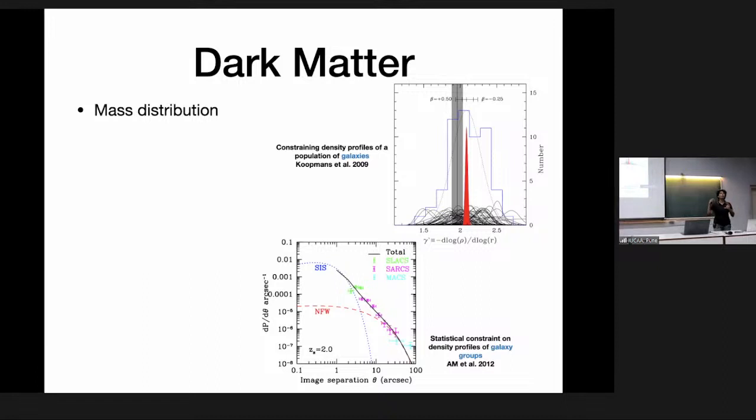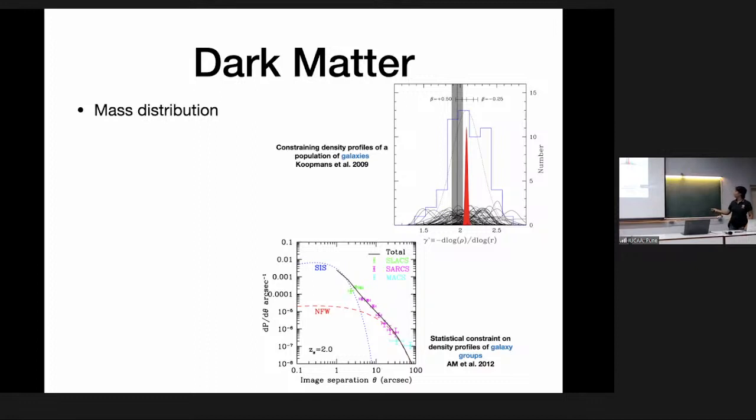Plus, it also accounts for the dark matter, because in these galaxy groups or galaxy clusters, dark matter contributes a lot, and so it is important to model both the central galaxy, which is basically stars or baryons, and also the dark matter in the extended part of the lens system, right?